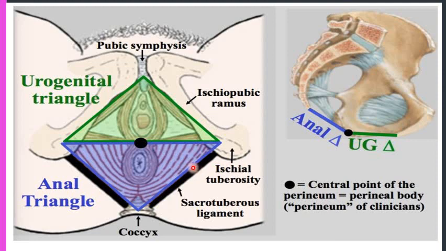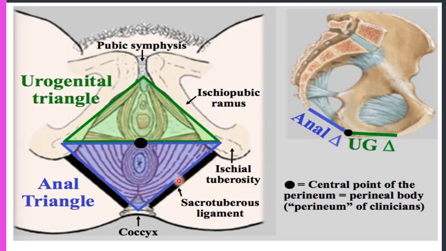So again, if you view the perineum from the inferior aspect, that is the area between two thighs, and you are viewing it from more superficial aspect of the trunk here, then you can see this is the diamond shaped perineum, which is starting from more anteriorly from the inferior aspect of pubic symphysis. Then there is the inferior margin of ischiopubic rami on each side, and this is the ischial tuberosity.